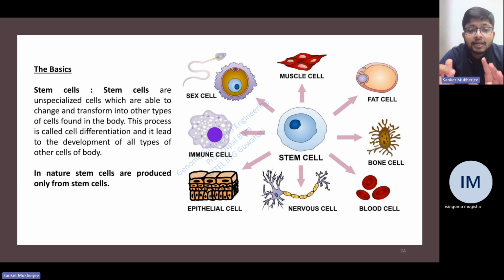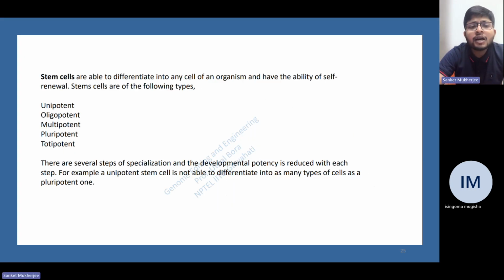In nature, stem cells are produced only from stem cells. So stem cells are able to differentiate into any cell of an organism, and have the ability to self-replicate and renew themselves.